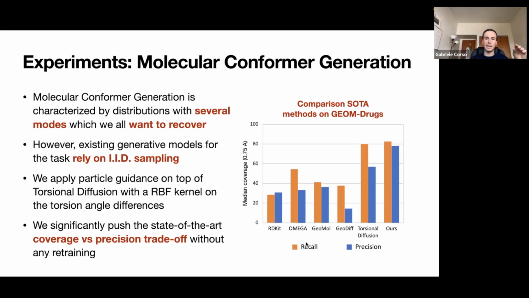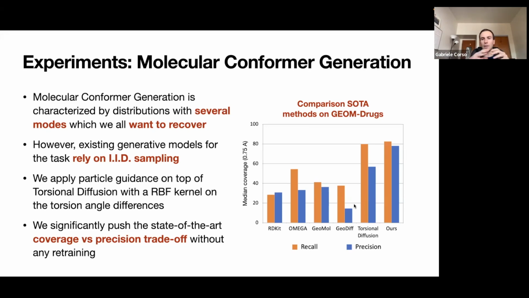The other fact is that, because of how the sampling is optimized, torsional diffusion samples from a relatively wide distribution. So it does pretty well in terms of recall, but each of its samples is not super precise, because the distribution of samples is wider than it's supposed to be.